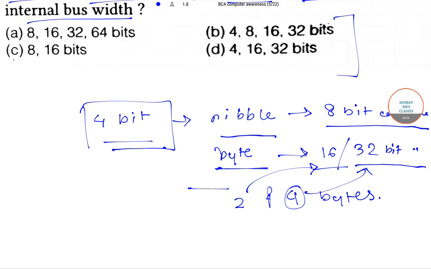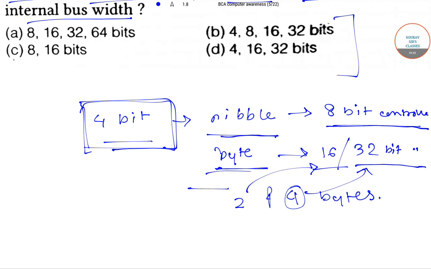Again, I'm just repeating my answer: if a microcontroller is a 4-bit microcontroller and it executes a nibble, then it will be an 8-bit controller. When it executes a byte at a time and 2 bytes, it will be a 16-bit controller, and 4 bytes will execute as a 32-bit controller.